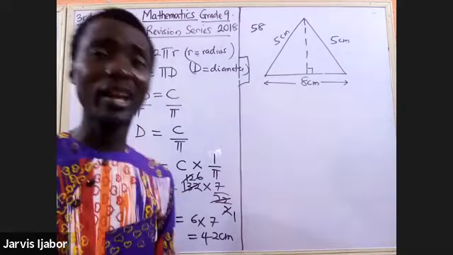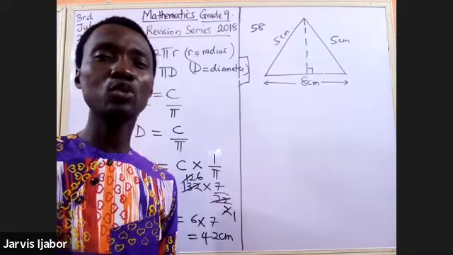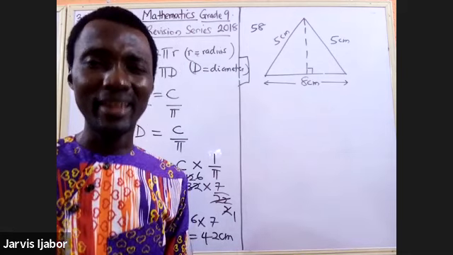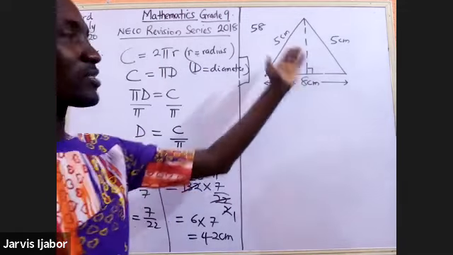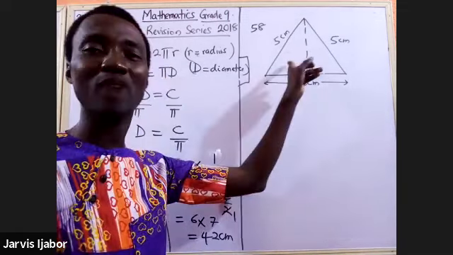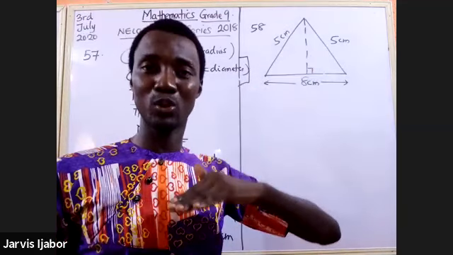In an equilateral triangle, all the sides are equal. In a scalene triangle, no side is equal to the other. In an isosceles triangle, two sides are equal. So you must be able to identify the kind of triangle you have. See, that's why there's a lot of reading. A lot of reading needs to be done.